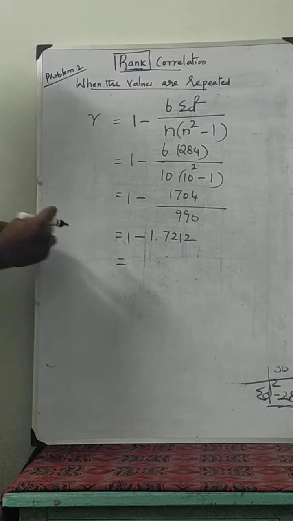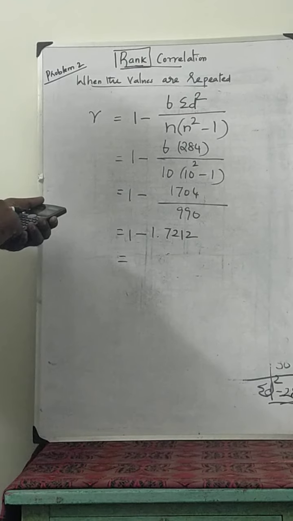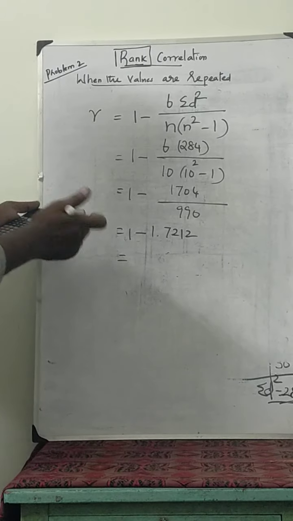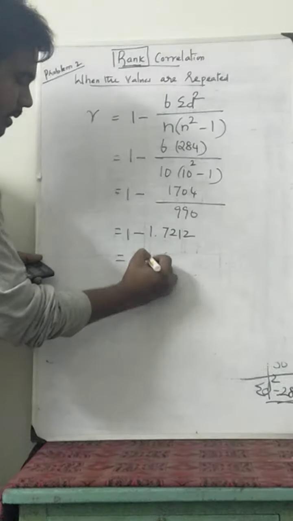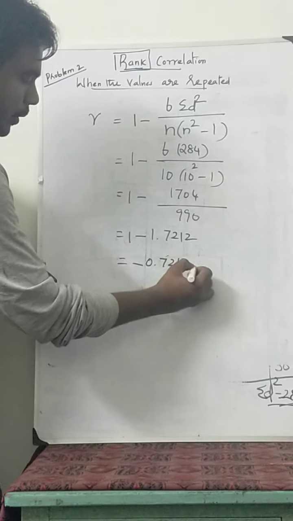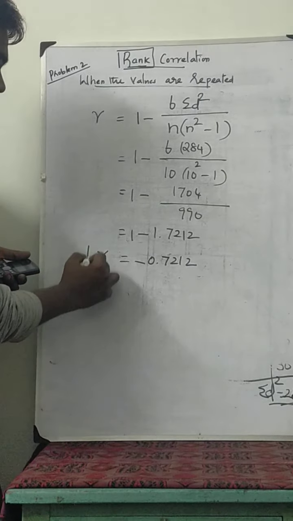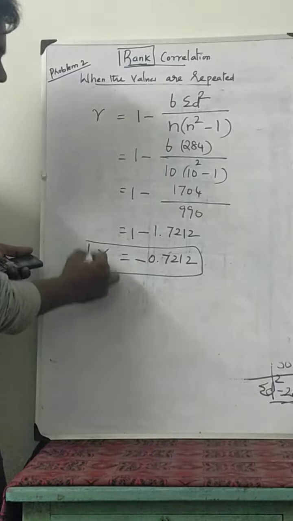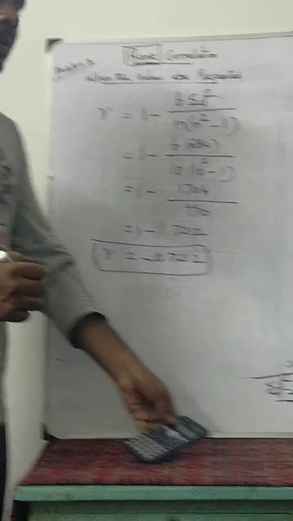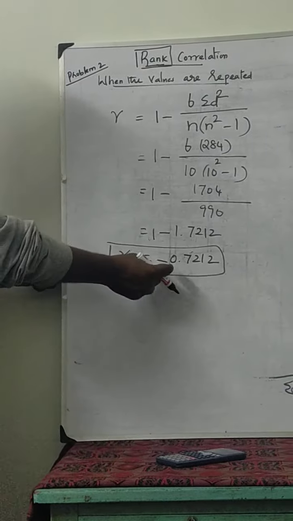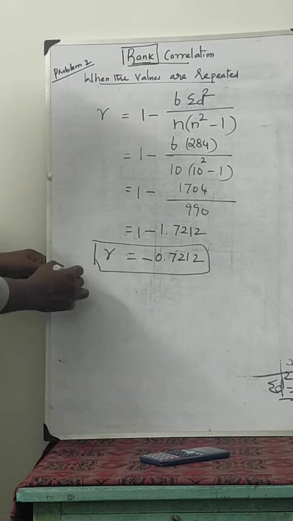So now 1 minus 1.7212, your answer will be minus 0.7212. So now we got the final answer. This is called rank correlation, minus 0.7212. Again we are getting a negative relationship, so we have to interpret this.